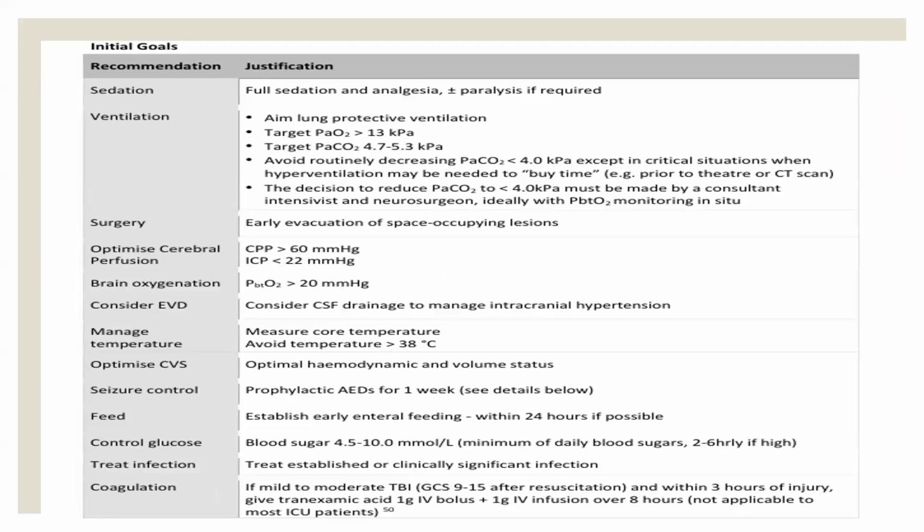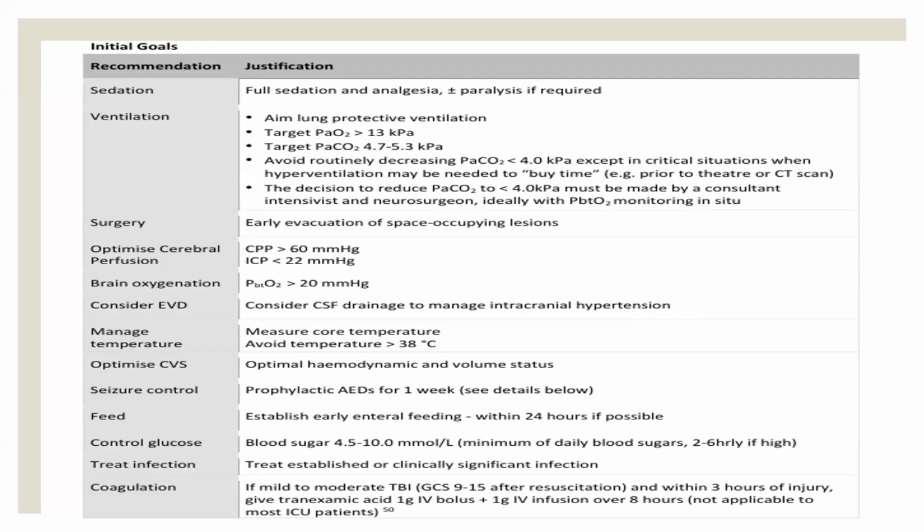Regarding our initial goal, the patient should be fully sedated. Analgesia and paralysis are required. Now, regarding ventilation, follow lung protective ventilation, with a target PaO2 of more than 90 and PaCO2 of approximately normocarbia.